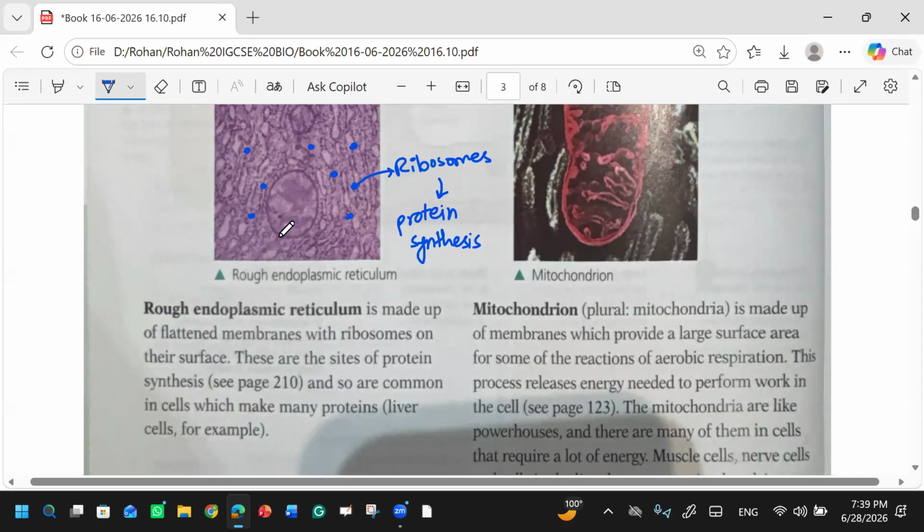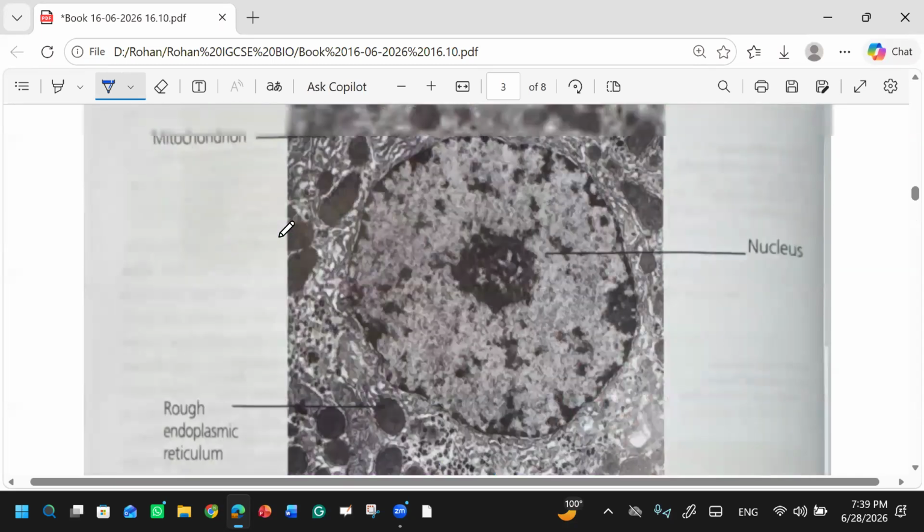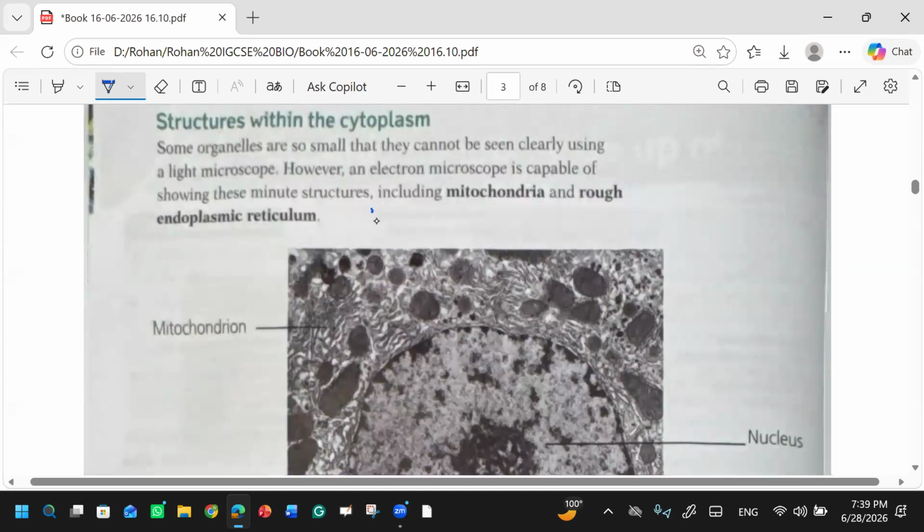Actually, there are two types of endoplasmic reticulum. One is known as smooth endoplasmic reticulum, and the other one is rough endoplasmic reticulum.